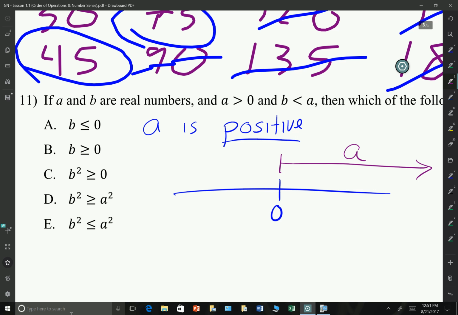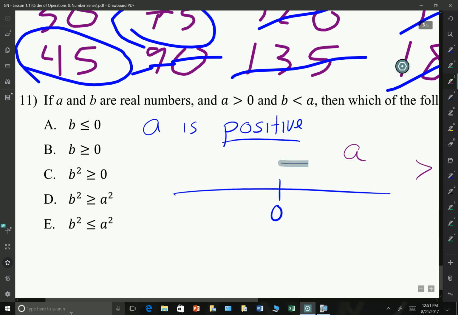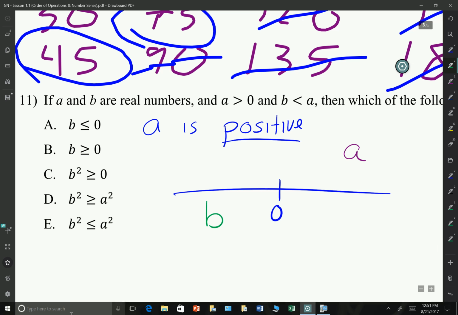Where's B have to be? It's less than A. Which means, what can B be? It can be negative. What else? It just has to be less than A. Could B be positive?